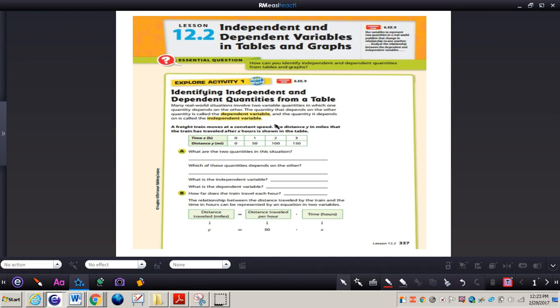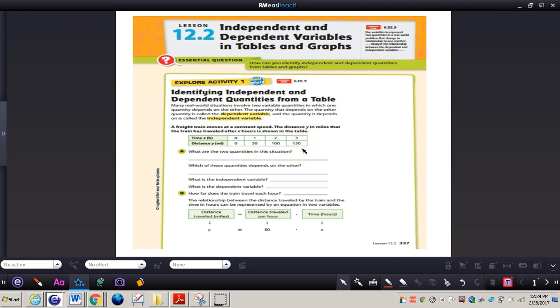Now let's take a look at the problem. It says a freight train moves at a constant speed. The distance, represented by the variable y, in miles that the train has traveled after x hours is shown in the table. So we can see, obviously, 0 and 0, 1 hour, 50 miles, 2 hours, 100 miles, 3 hours, 150 miles.